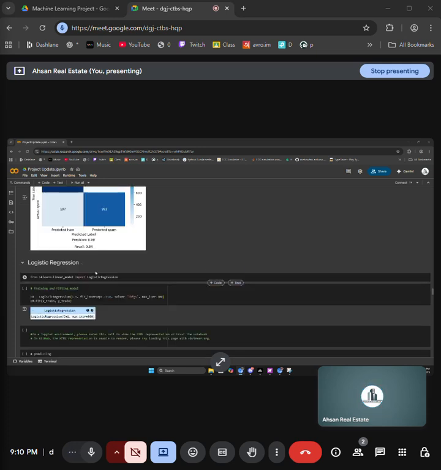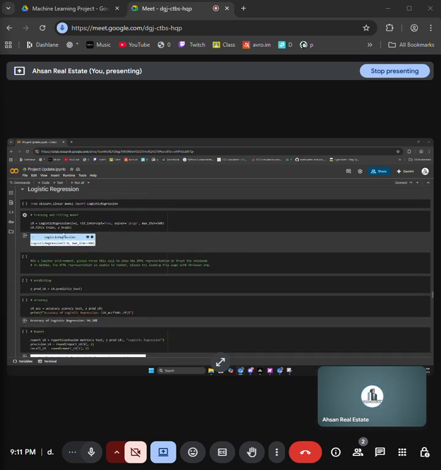After that we tried another model, which is logistic regression. We imported logistic regression from scikit-learn and did the same process.